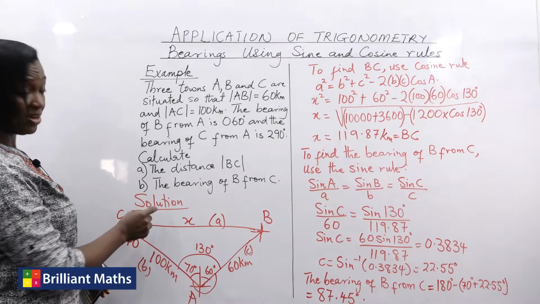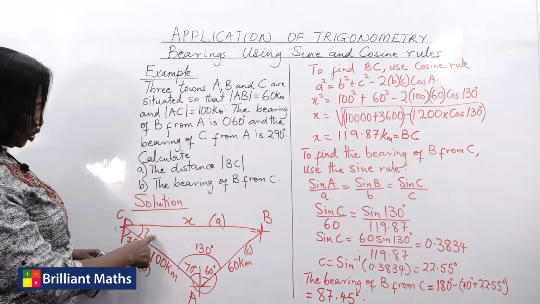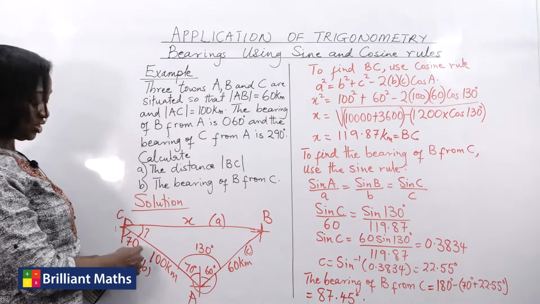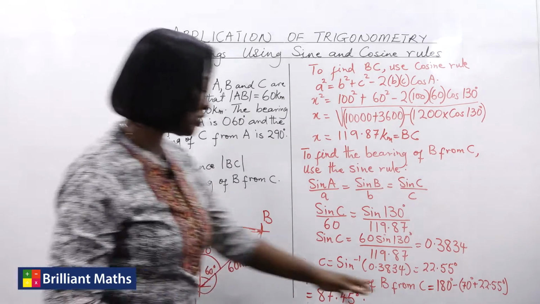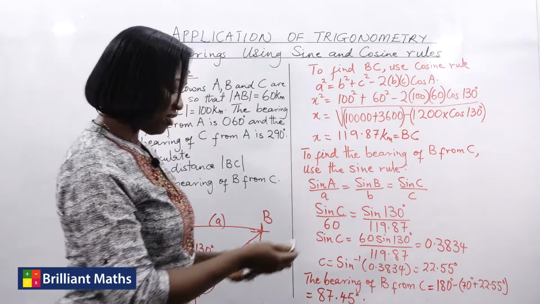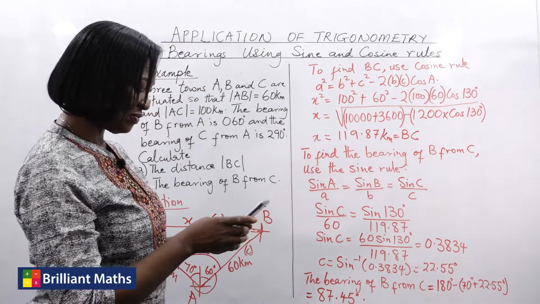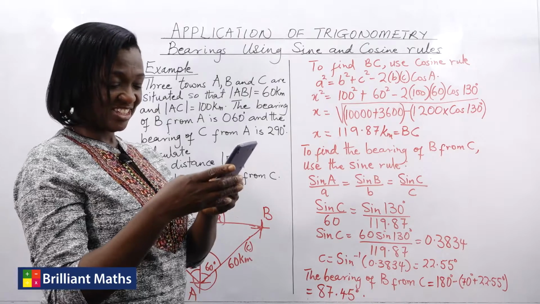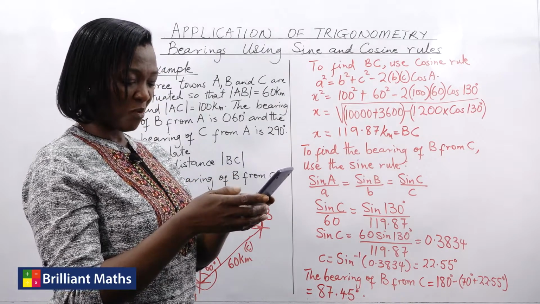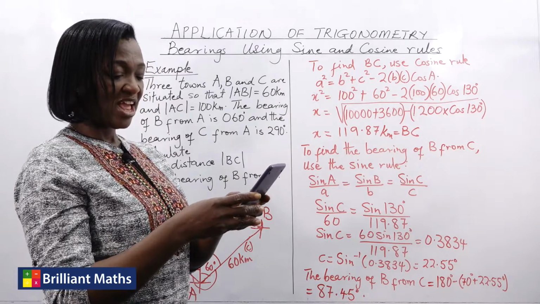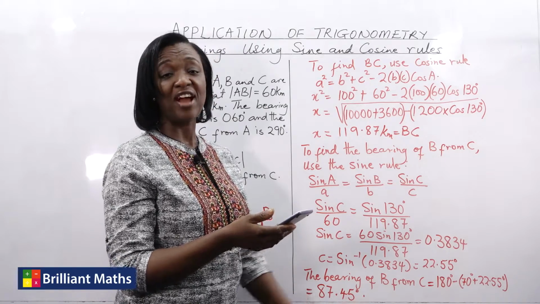So to find that bearing, like we said, we add 22.55 degrees to 70 degrees and then subtract from 180 degrees. And when you do that, 180 minus that sum, put it into your calculator, 180 degrees minus 92.55, and that will give you 87.45 degrees.